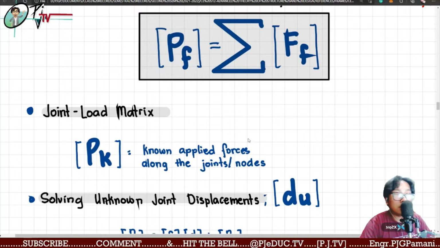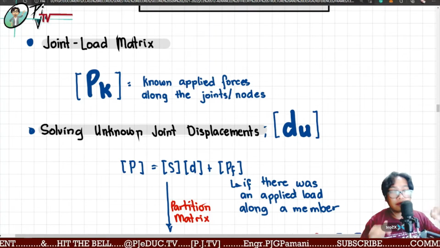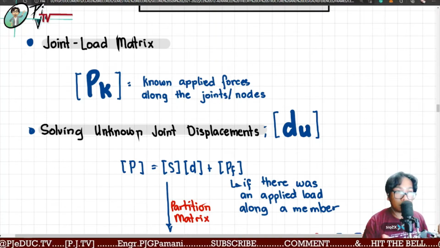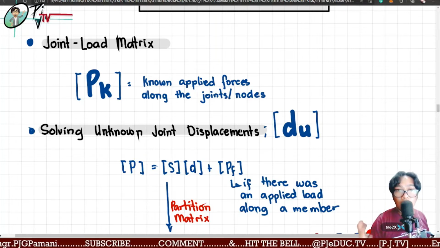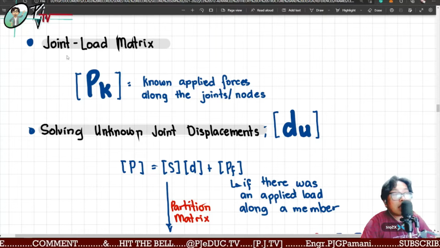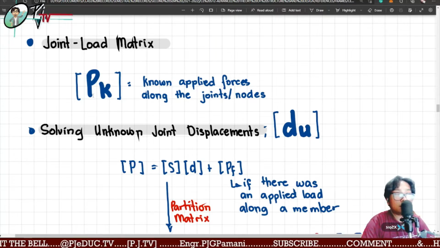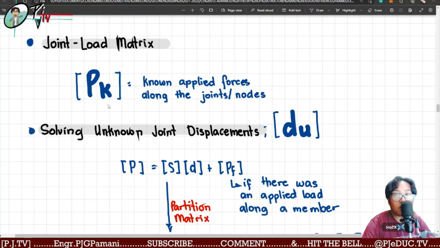Now, we will then have to identify whether each joint of our frames is subjected to a joint load. Kung yung ating frame sa bawat joint ay merong identified joint loads, so, identify all the known joint loads, denoting that as P sub k, or known forces.